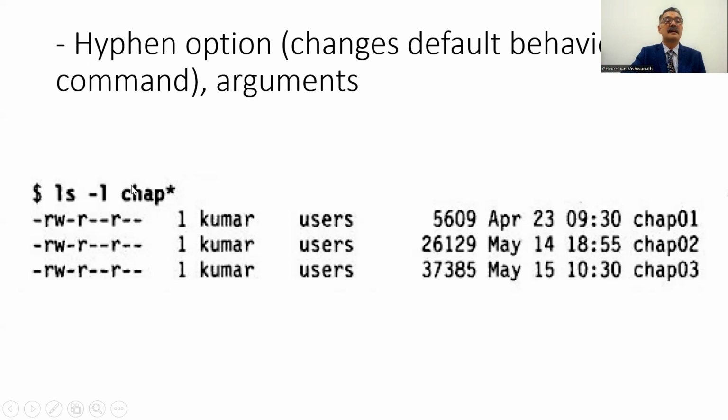Hope it's clear. These minus signs followed by letters are called arguments. With ls minus l, the input to ls is chap star. Here minus l, the hyphen, indicates how it should behave: differently than its default behavior.